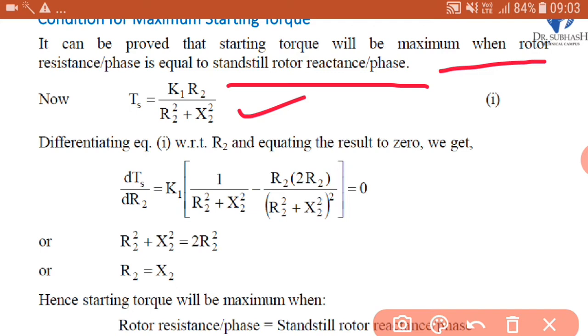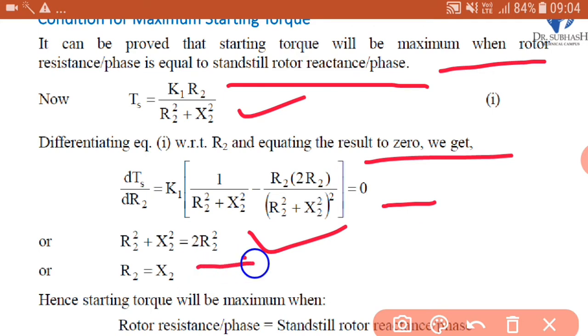Differentiating this equation with respect to R2 and equating the result to 0, we get dTs upon dR2 is equal to K1, which is constant, times the derivative of R2 upon R2 square plus X2 square, equated to 0. After evaluating this we get R2 square plus X2 square is equal to 2R2 square. It means R2 is equal to X2.